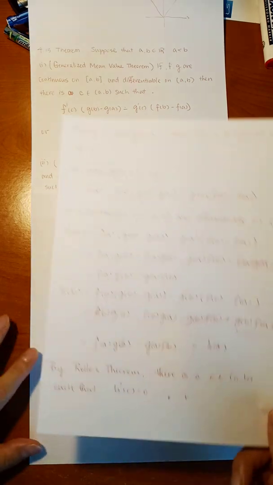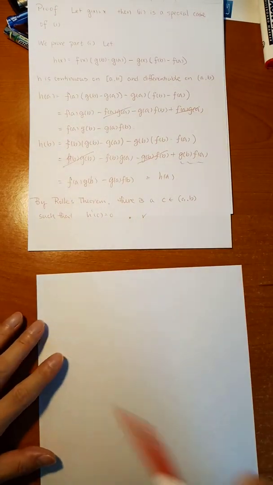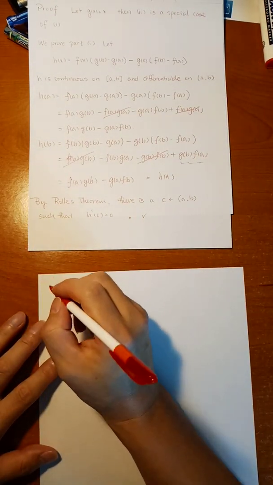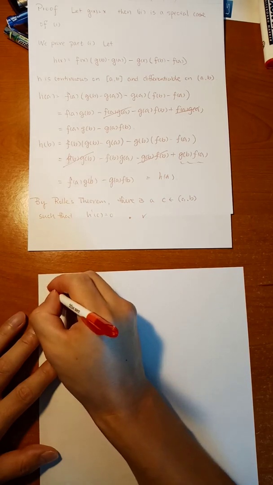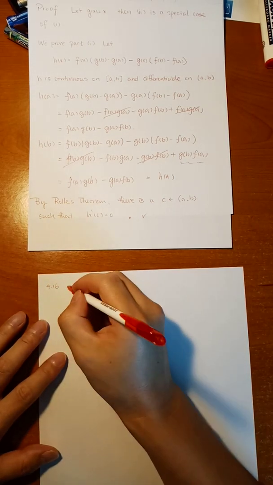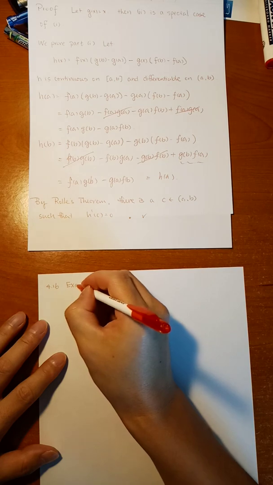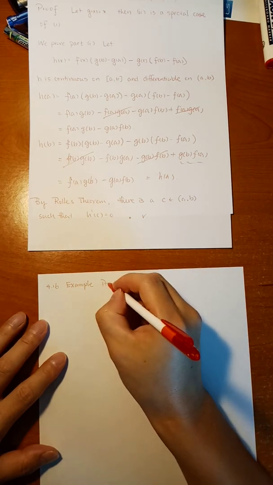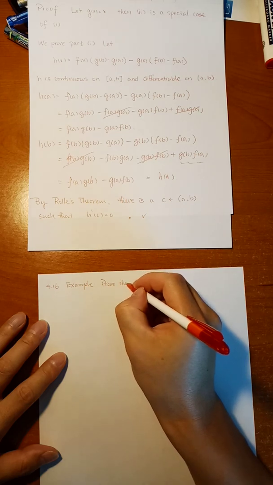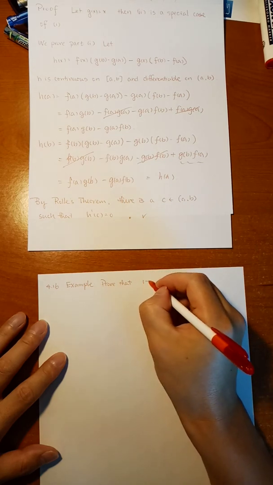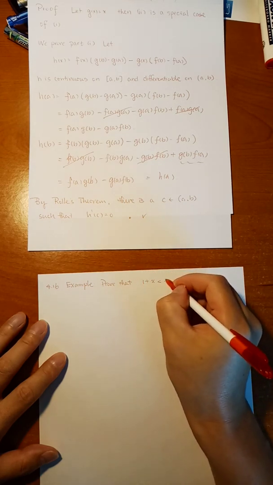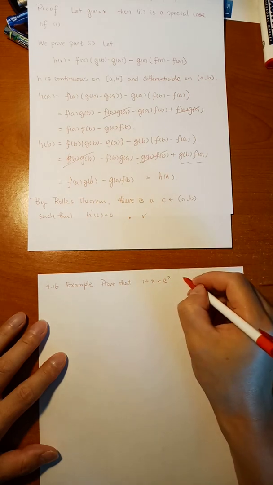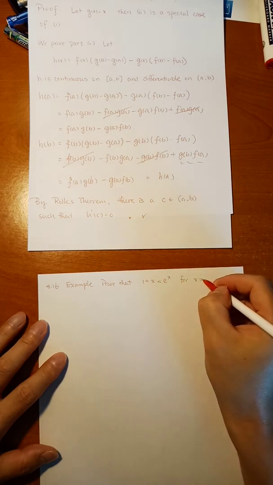Very cool. We're going to prove one example as an application of the mean value theorem, and then we finish this video. We prove that 1 plus x is always less than e to the x for x positive.